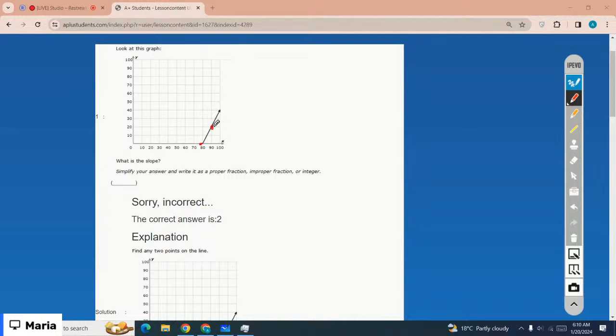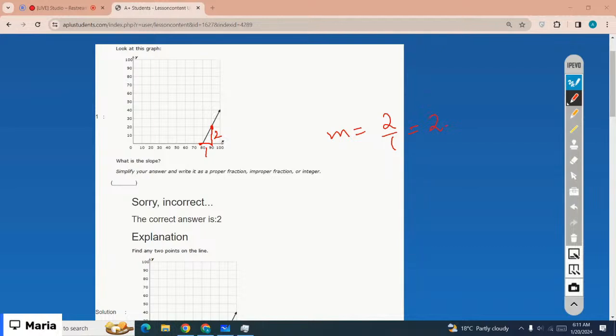Just make a triangle by connecting these 2 points like this. This is the change in y, that is 2 points, and this is the change in x. Slope is always change in y divided by change in x. Change in y is changing by 2 squares and x is changing by 1. So that is 2 divided by 1, the slope of the line is 2. Got it?